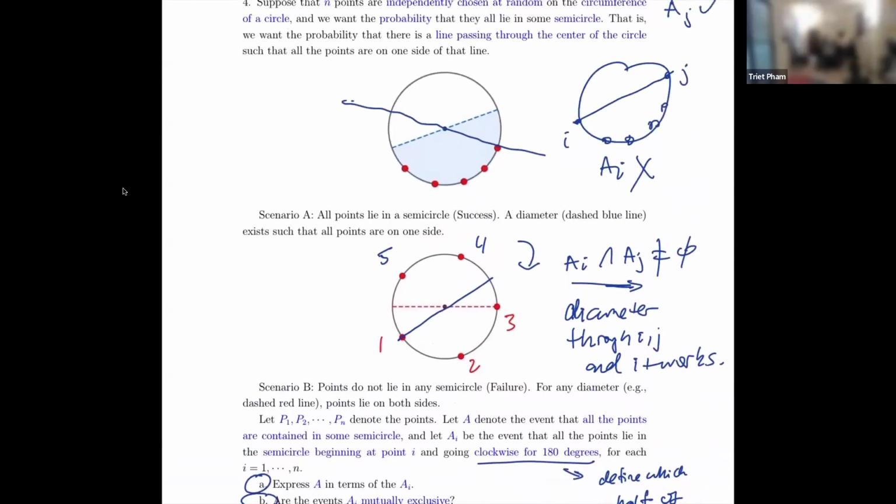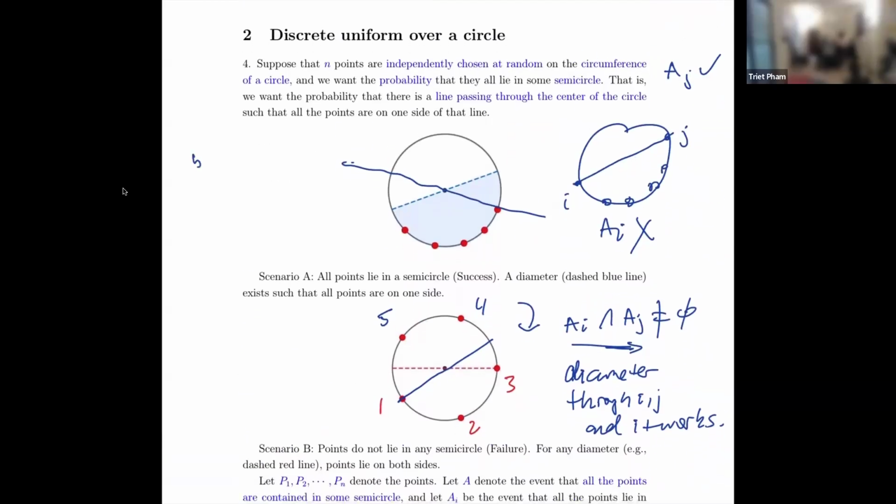So B: AI and AJ are mutually exclusive for all I, J, exactly because of this picture that we draw.